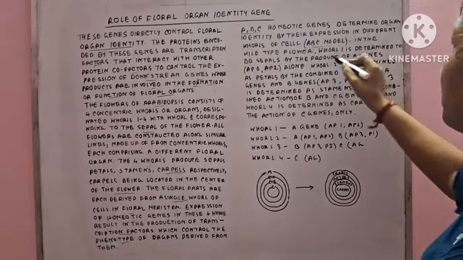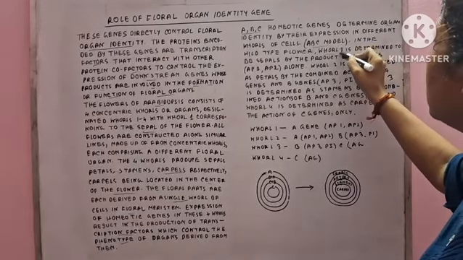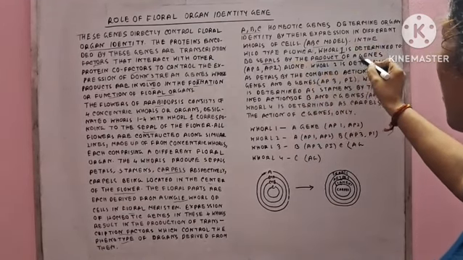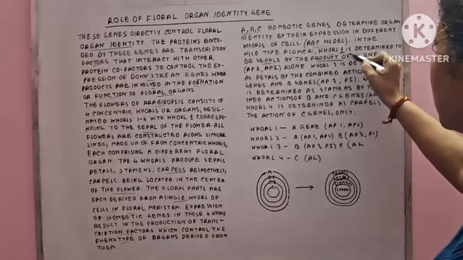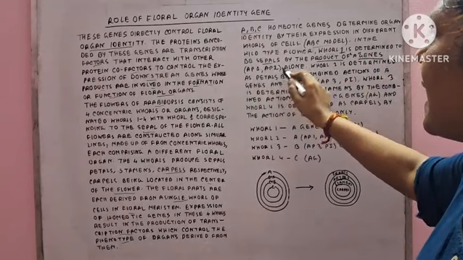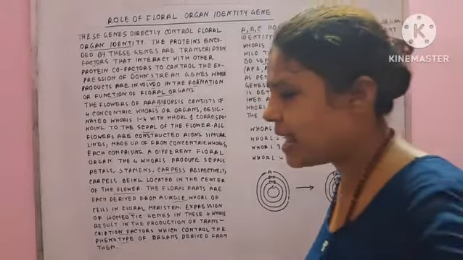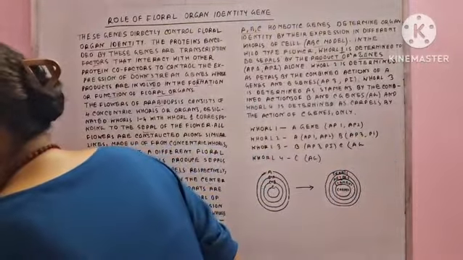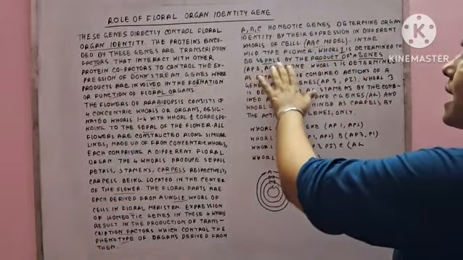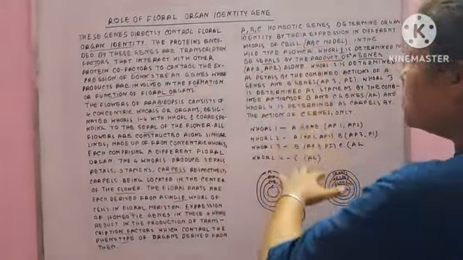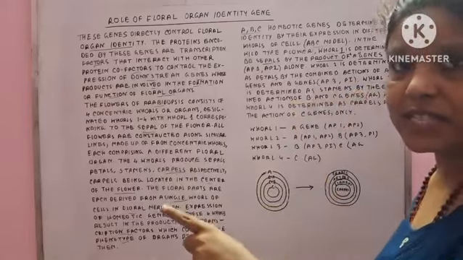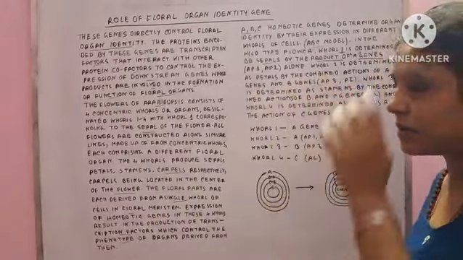Now the first whorl is determined to be sepals by the product of the A genes. These are AP1 and AP2. I have written the short forms only because the full names were already described in my previous video, so you can check that out.